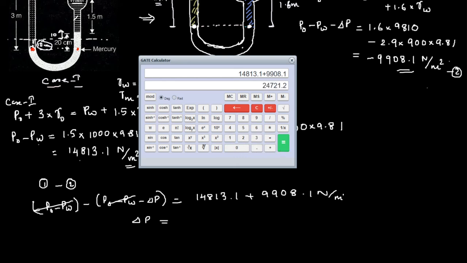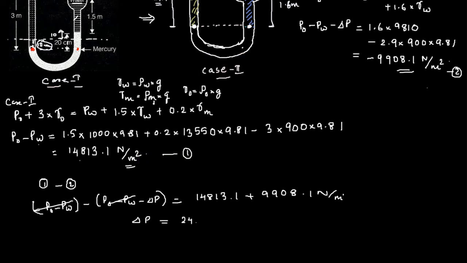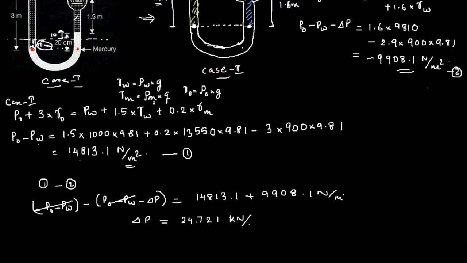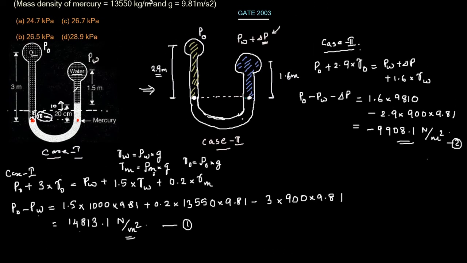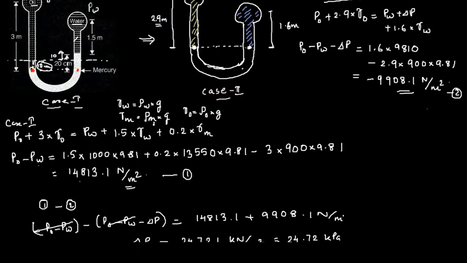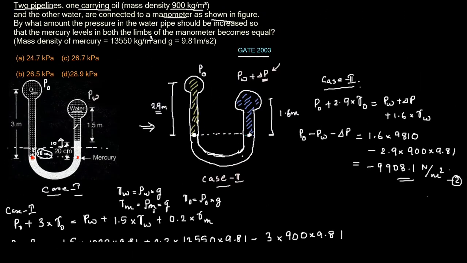This will give us 24.721 kilonewton per meter square. Do we have any option like this? This is nothing but 24.72 kilopascal. We have option A as the answer. So this is the answer. We got the answer.